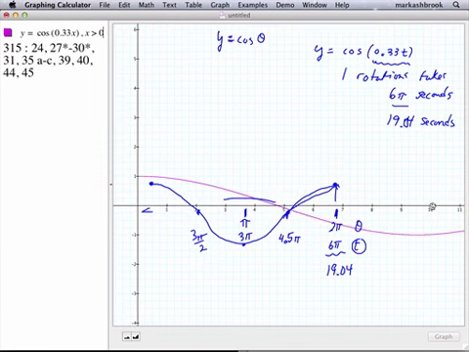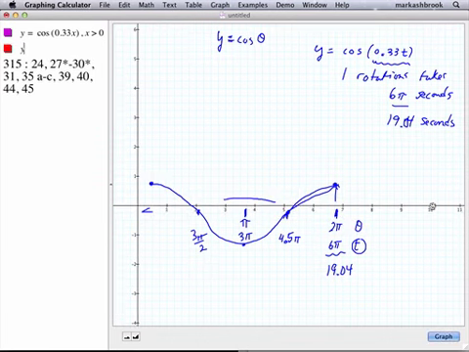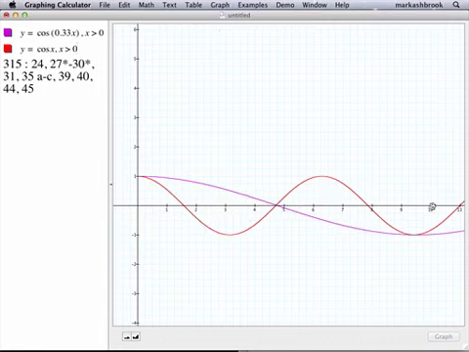So if we graph them both on the same axis, y equals cosine theta. In terms of theta, cosine theta will always complete the cycle at 2 pi.